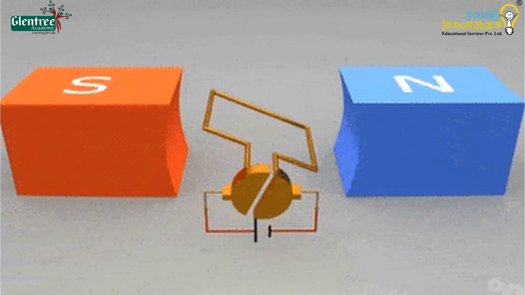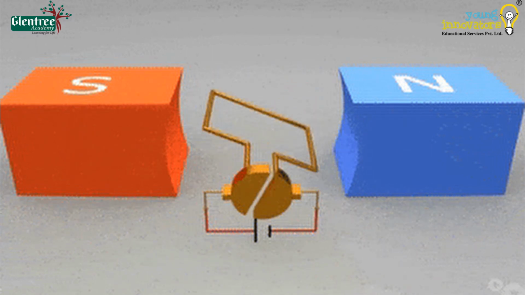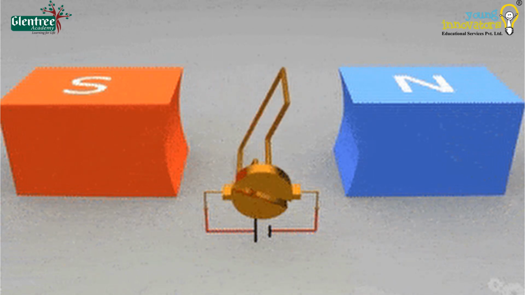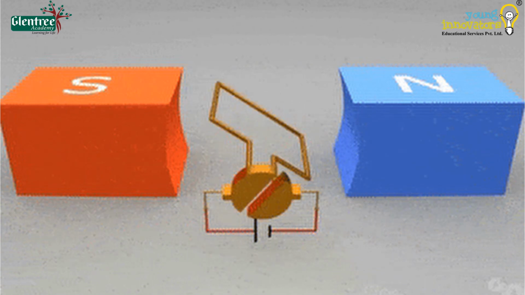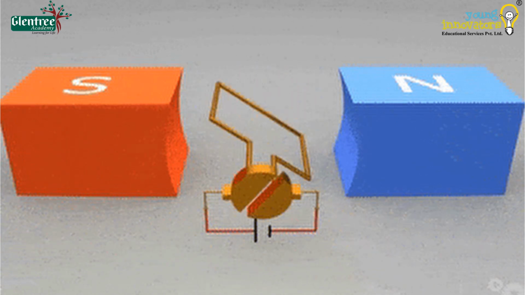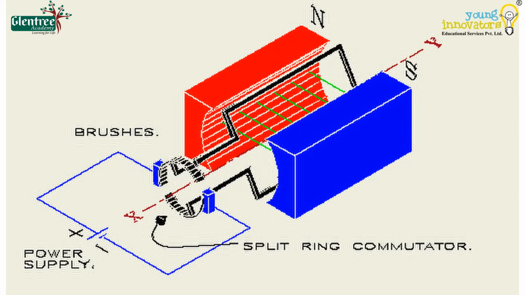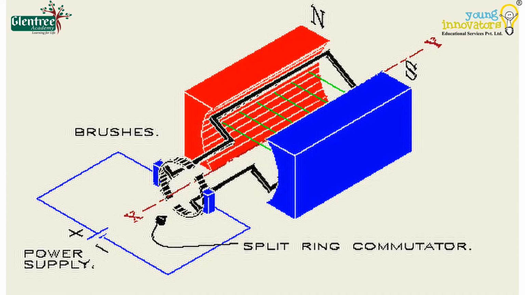Brushes with the commutator work as a bridge to connect the static electrical circuit to the rotor. Brushes are in contact with the commutator and relay the produced current to the commutator from an external circuit. The current then moves into the armature winding.